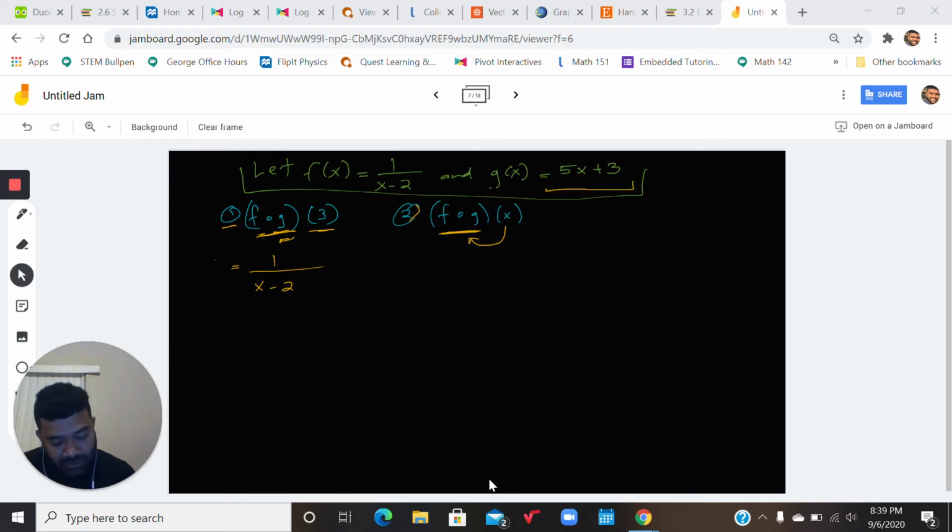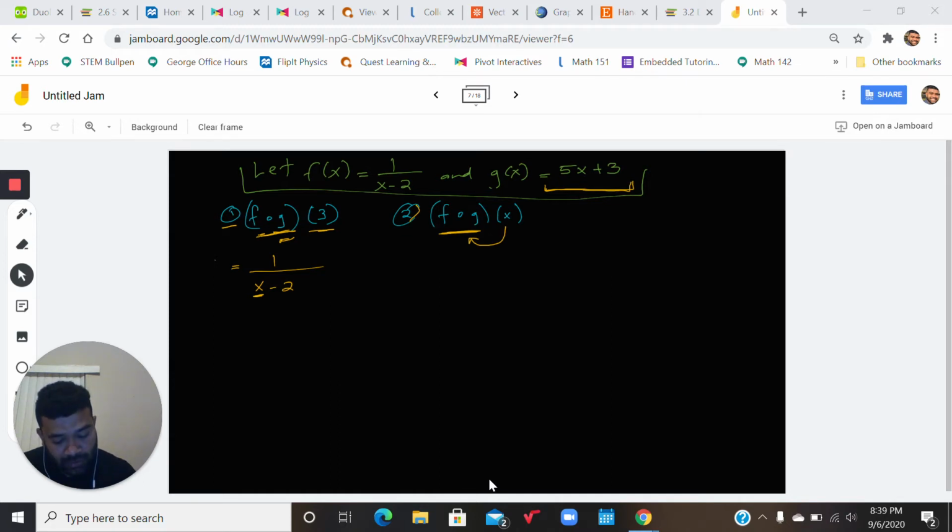When the question is asking f of g, that means whatever x value I have in here, I will be substituting with the value of g(x), which is 5x plus 3. That is how we come up with the idea of combining two functions together into one.